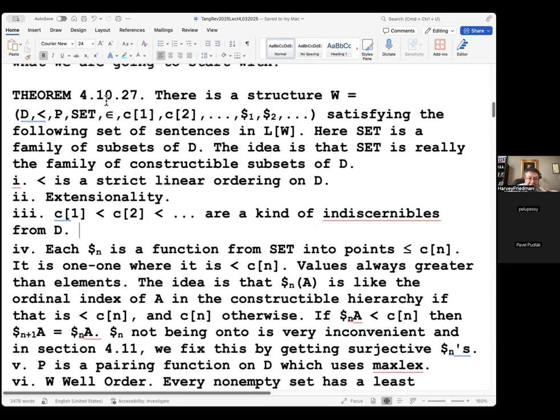This is all abstract. The work in section 10 is constructibility stuff, but this is the result of all of that. The value is always greater than the elements of the set.